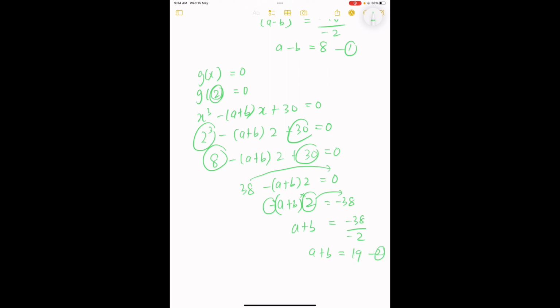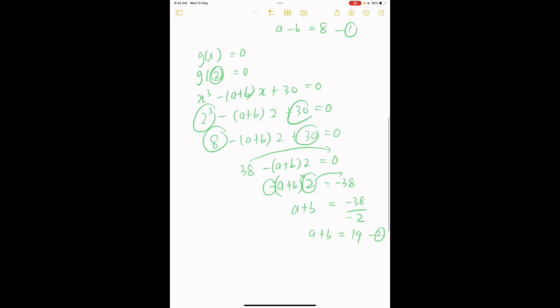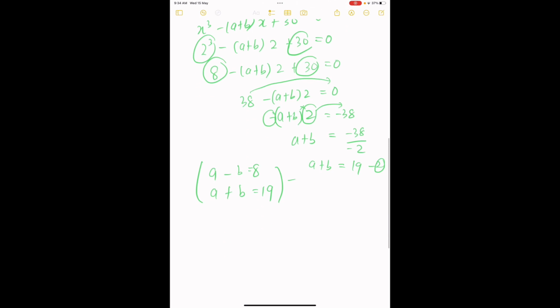In order to solve these two equations, you can use the elimination method, or by using subtraction. So you have two equations, right? You minus the first equation from the second equation.